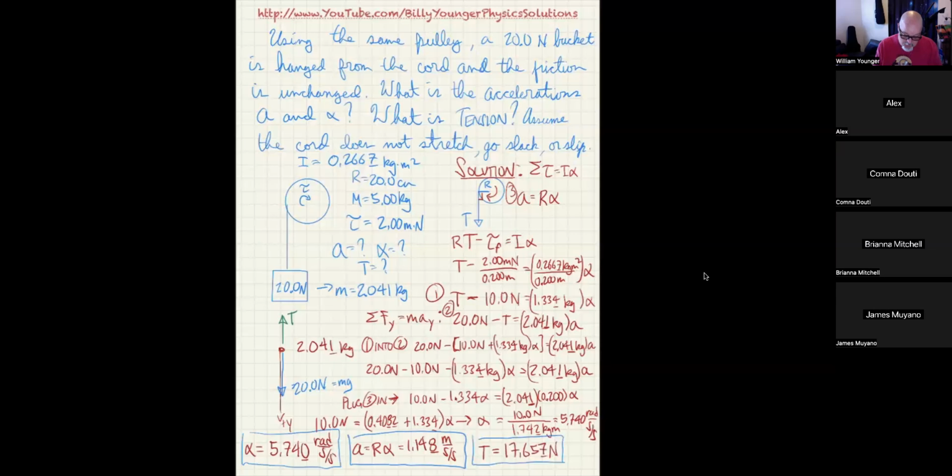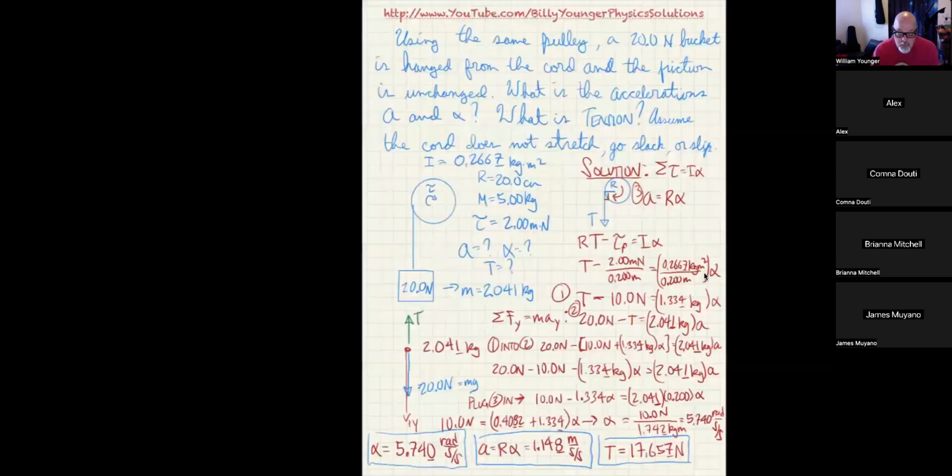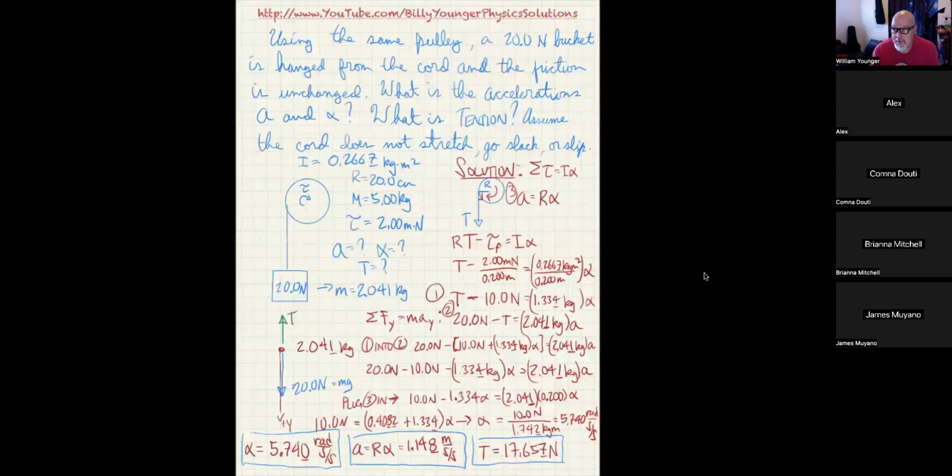So the point of me doing this problem was that you'd see that, in fact, this is a very different problem. Even though we use the same numbers, when I said I had a force on the previous problem equal to 20 newtons, that's an entirely different scenario than having a 20 Newton mass hanging from it.